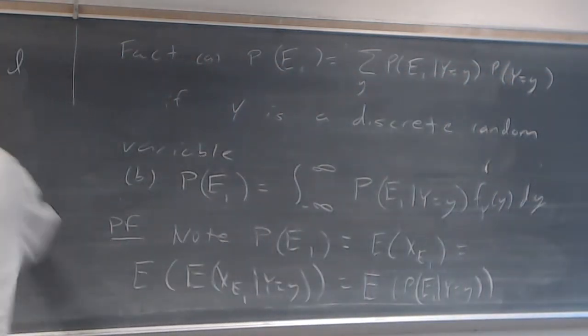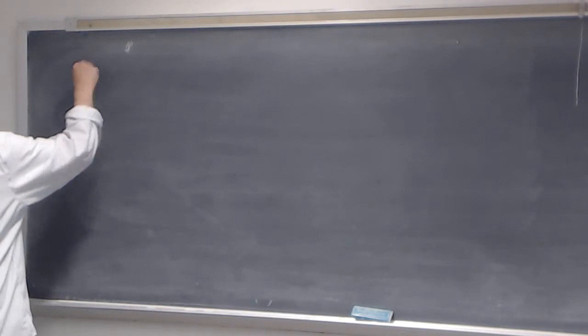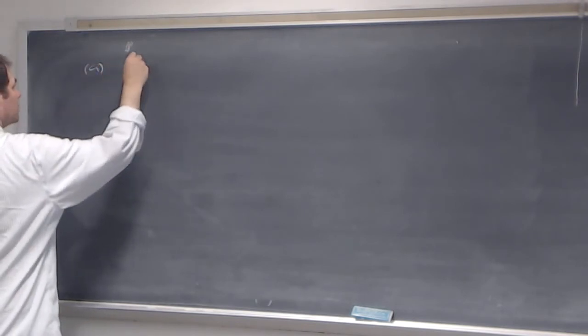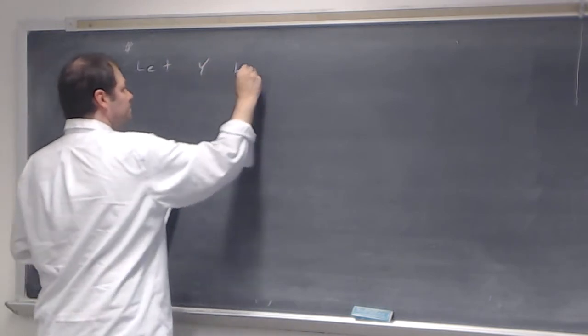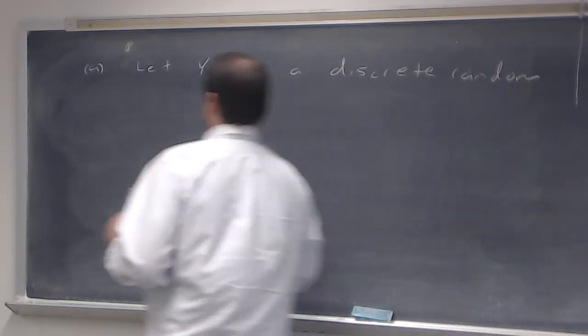Okay. Now for case A, we're considering Y to be a discrete random variable. Let Y be a discrete random variable. I'm repeating some of the things that we just said.